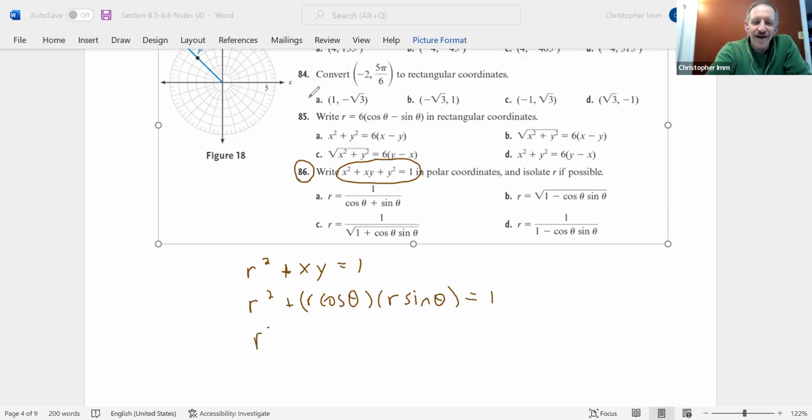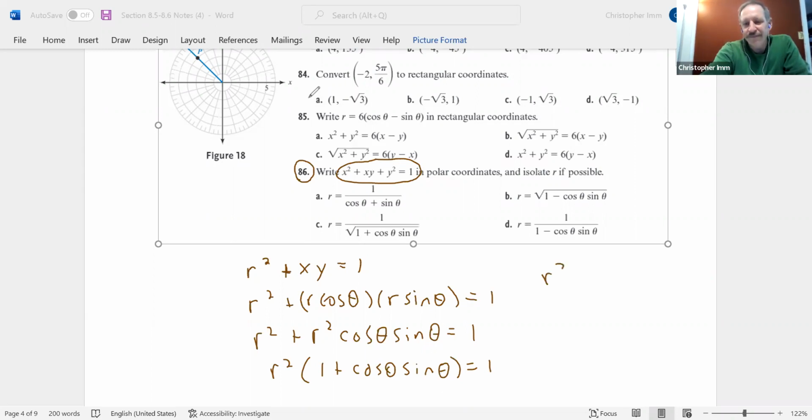And so if I'm trying to solve this for r, there might be an r squared I can factor out of the left-hand side. And then I could actually solve it for r squared by dividing by the rest of the cosine and the sine.